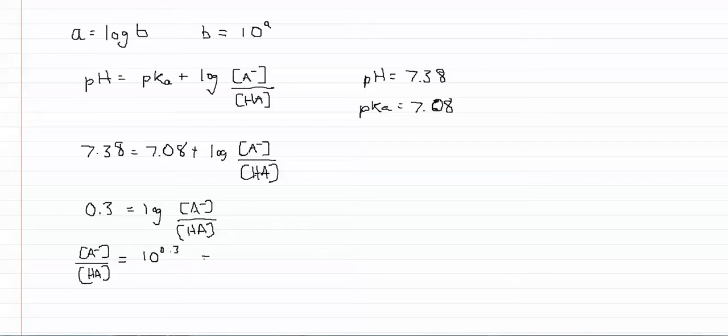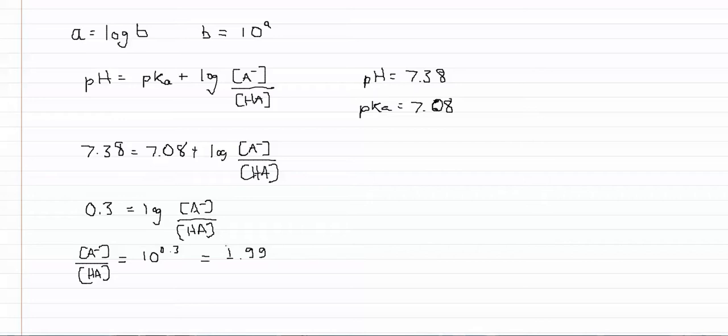And if we work out 10 to the power of 0.3, we get an answer of 1.99. And so there we now know that the ratio of base to acid is 1.99.